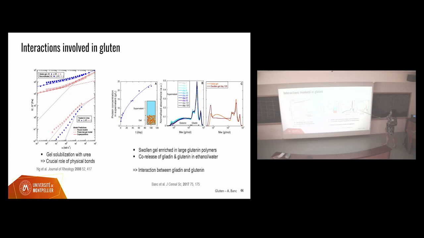We can see that as the gel swells, we are enriched in glutenin, and if we probe the proteins that are released, we measure a constant profile as a function of time, which is not expected if we consider that gliadin and glutenin are independent, because their sizes are very different, and we would expect a faster release of gliadin than glutenin. Here we show that we have a co-release of gliadin and glutenin, suggesting an interaction between these two kinds of proteins. So the question was, what are the building blocks of this gel?